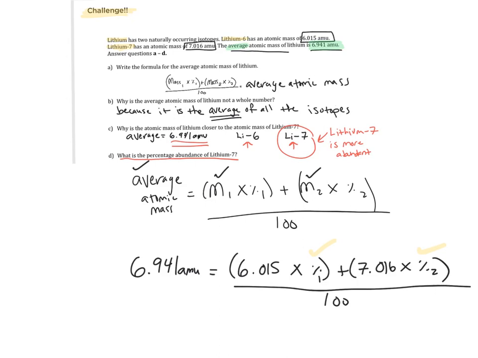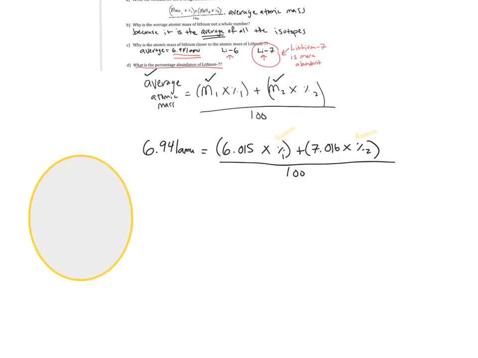And we can't make them x and y, because how can we solve for x and y at the same time? We know that the total percentage for both of them is 100%. We don't know how much is each one. So let's say if one of the lithiums, for example, is 60%, how much is the other one? It will be 40%, right? Because they will equal 100.